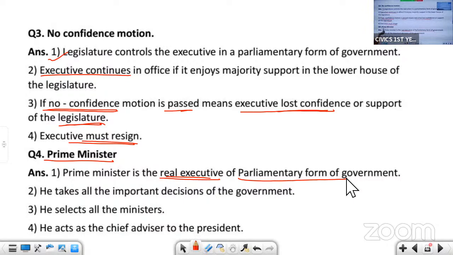Okay, so we have discussed the powers of executive. Under that, we have discussed parliamentary form of government also. So in parliamentary form of government, Prime Minister is the real executive. All the decisions of the government are taken by the Prime Minister.